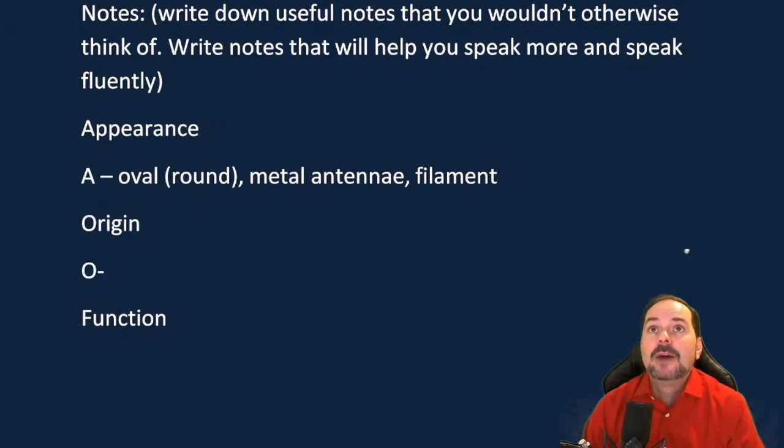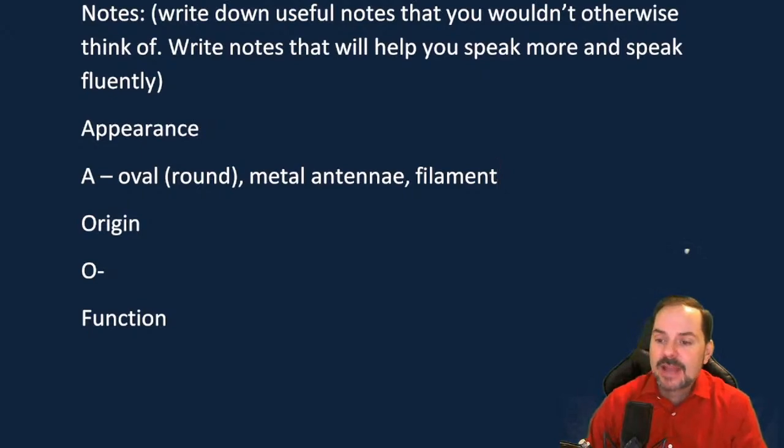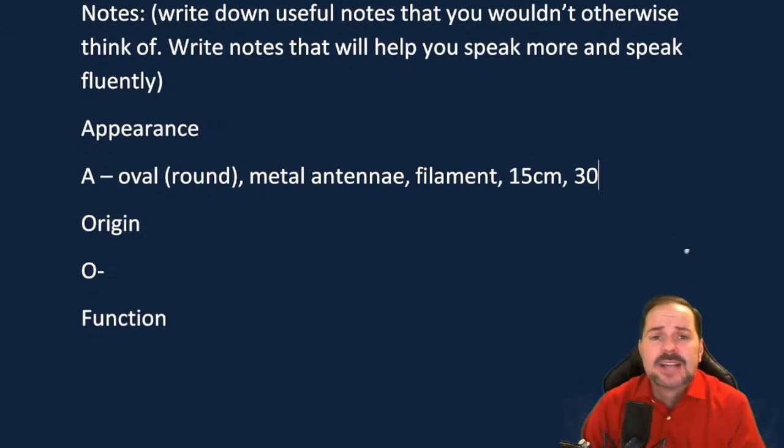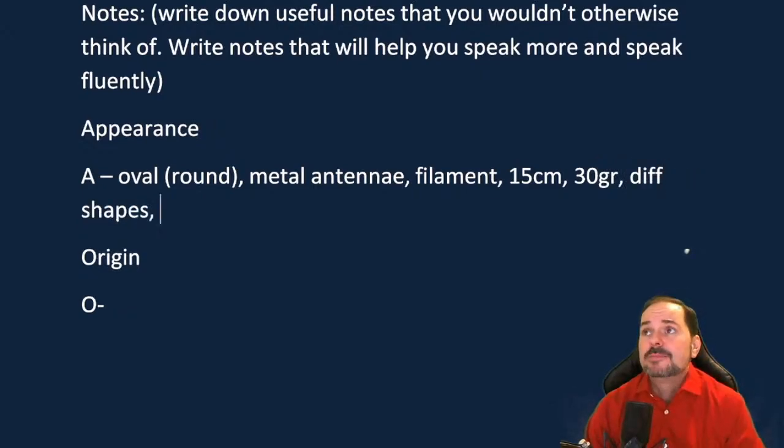Okay. Buckrat says they're about 15 centimeters, 30 grams. Yeah, they come in different shapes and sizes, right? So you can say different shapes. Not all are the same, right? Okay, Amal says clear glass.